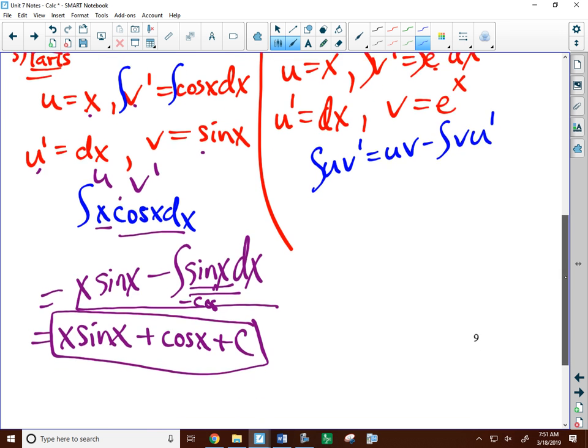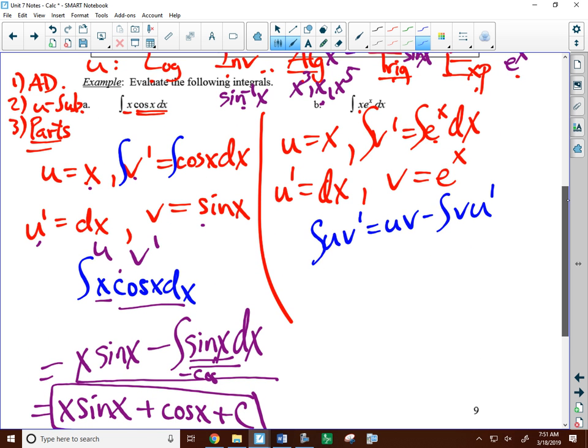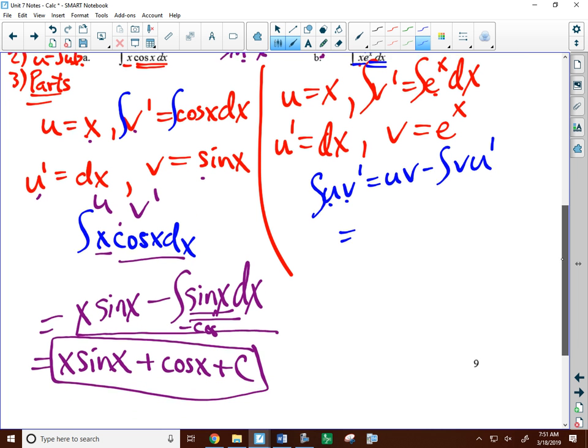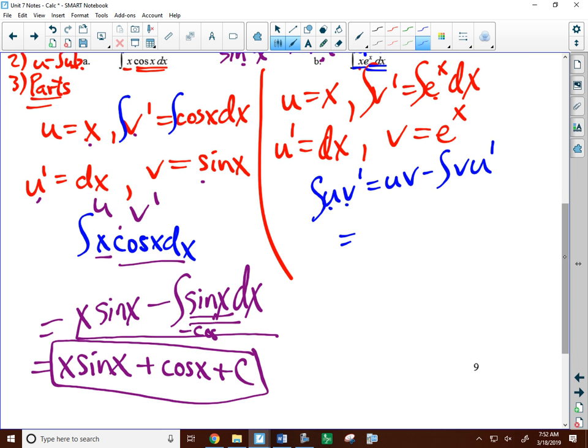All right, so there's the formula, and again, really what we're doing is x is u, e to the x dx is v prime. And so I'm just going to plug it into the formula now, u and v. So u is x, v is e to the x.